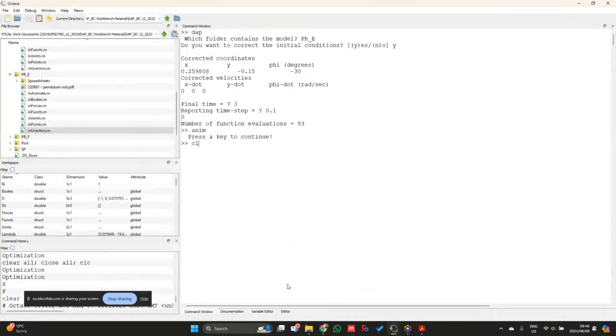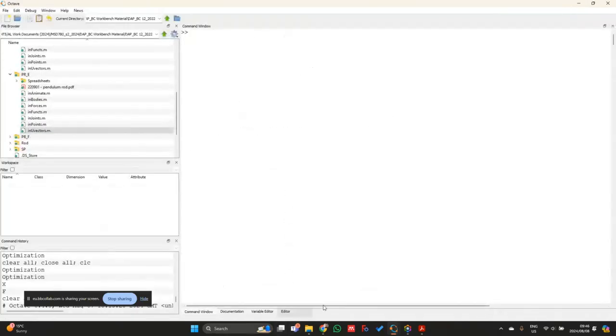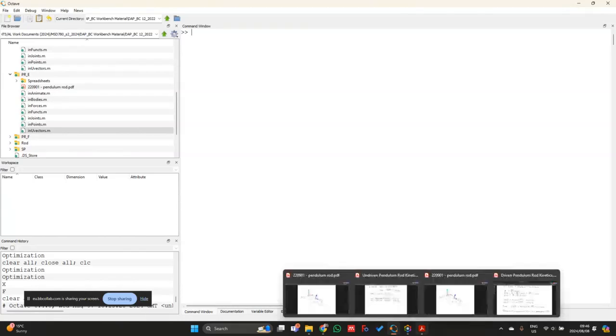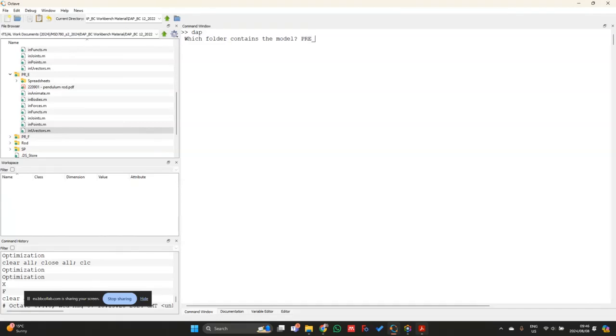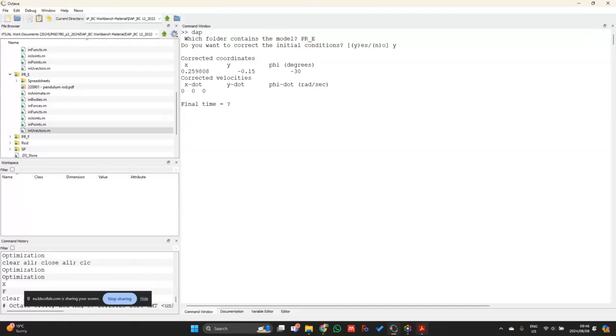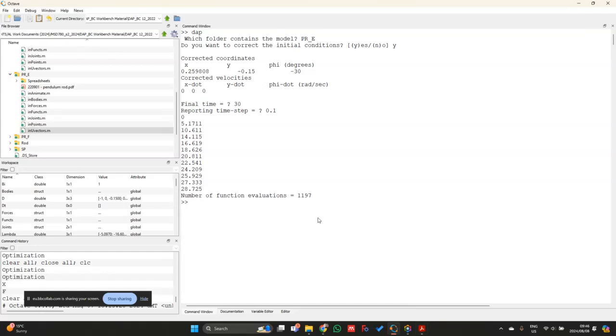So we can now go one step further and say, okay, we want to actually see what a full rotation is going to look like. So if I perhaps do DAP PR_E, corrected initial conditions, let's use 30, and let's maybe still use 0.1. Okay, so now we can see it also took longer to solve the problem because of the larger final time that we have over here.